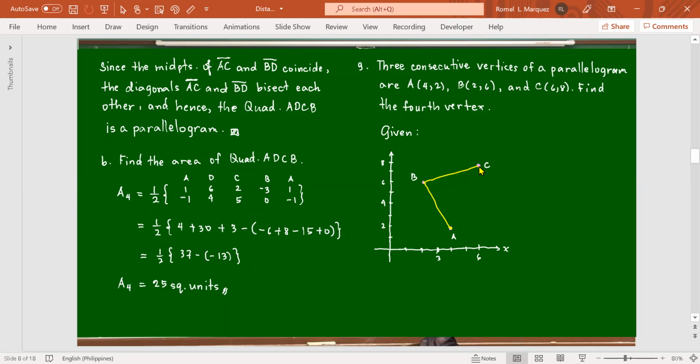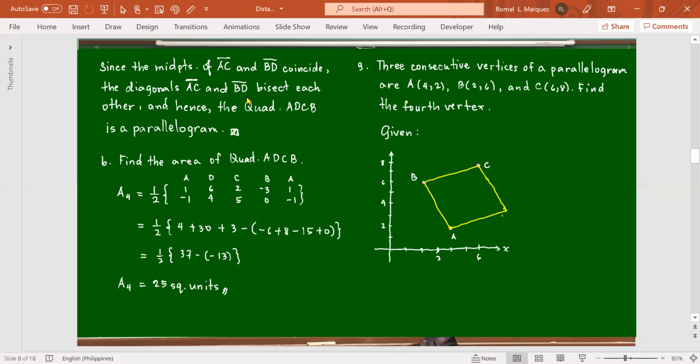So I have no choice but to go somewhere here. I will draw parallel to AB and stop when it is equal to that. Approximately, let me say it's equal to this, and then going here.